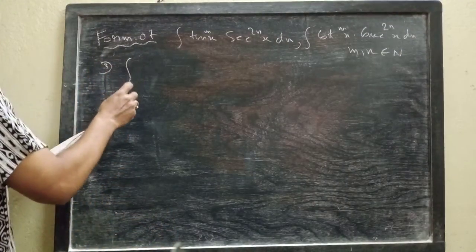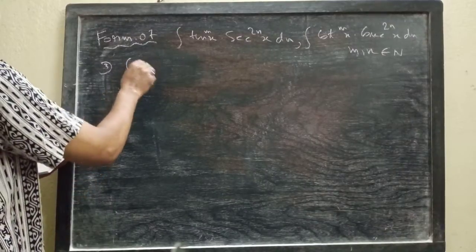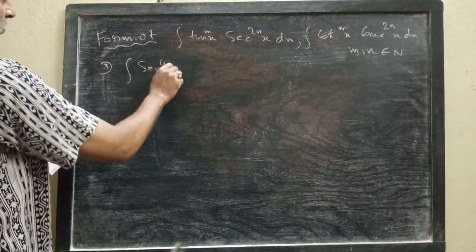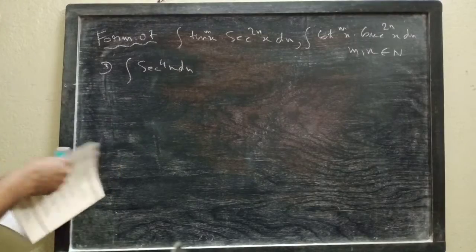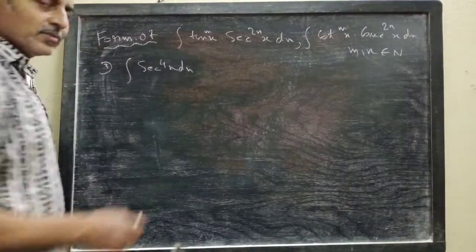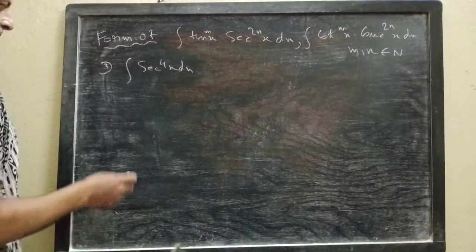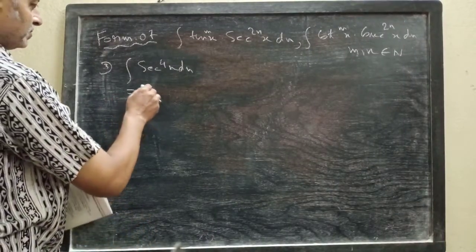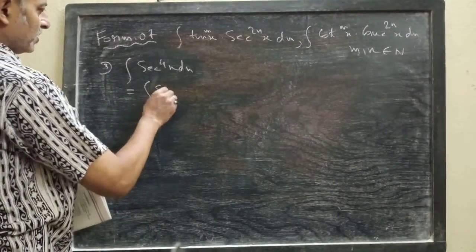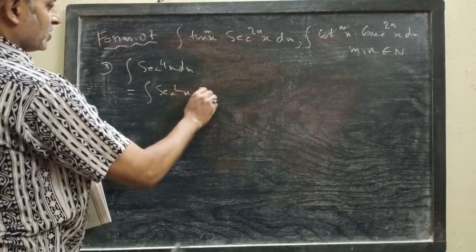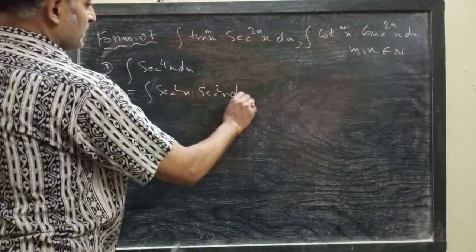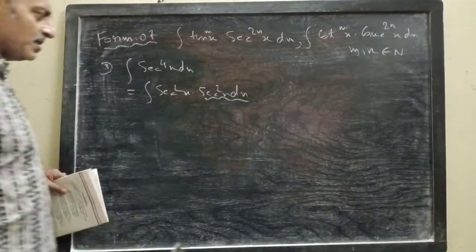Number 3, integration sec to the power 4 x dx. That is m equals 0 here. There is no tan x and n is 2 here. Now let us write this first in this way. Sec square x into sec square x dx. Keep this for dz.